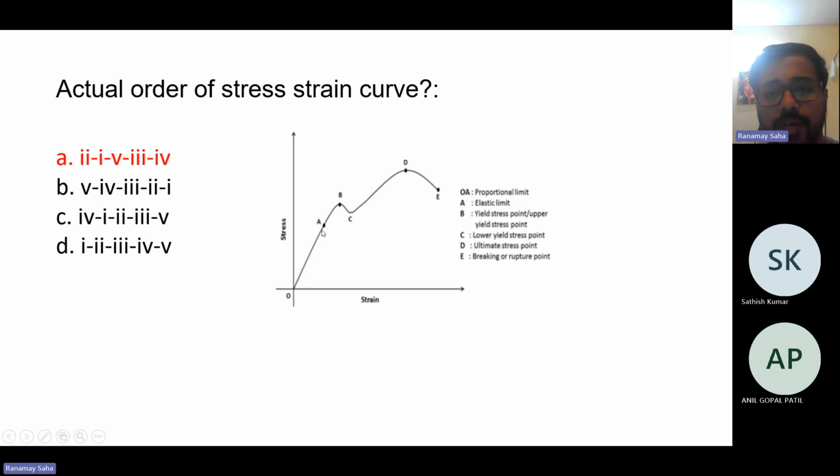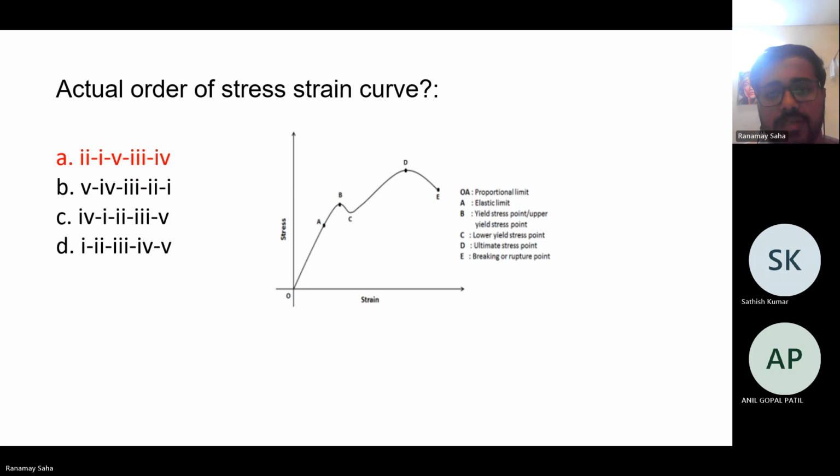Then you have the point where you have the yield, called the yield stress point. There are again two yield stress points. Then you have the ultimate stress point, where necking starts.